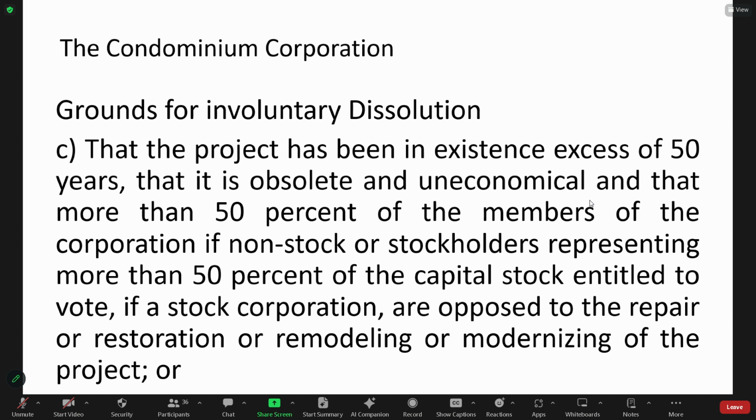Pero in short, ang summary lang yan, 51% and more, ayaw nang ipaayos or i-renovate, i-remodel, or modernize the project. Yun, ground na rin siya for involuntary dissolution. So 50 years and more than 50%. Actually, hindi pala 51% kasi pwedeng 50.1% lang yan eh. 50.1 pwede na. Alright.